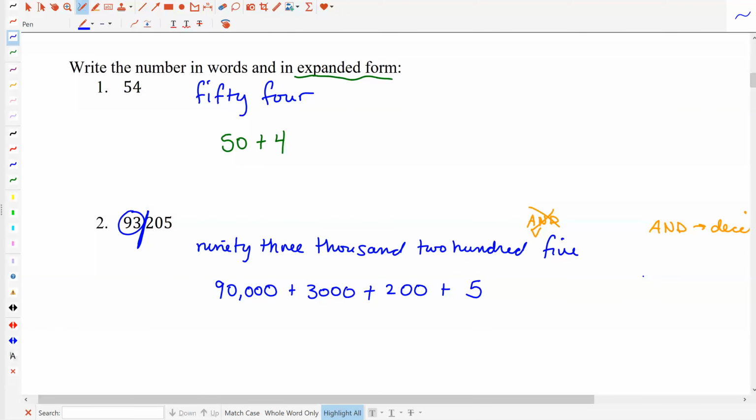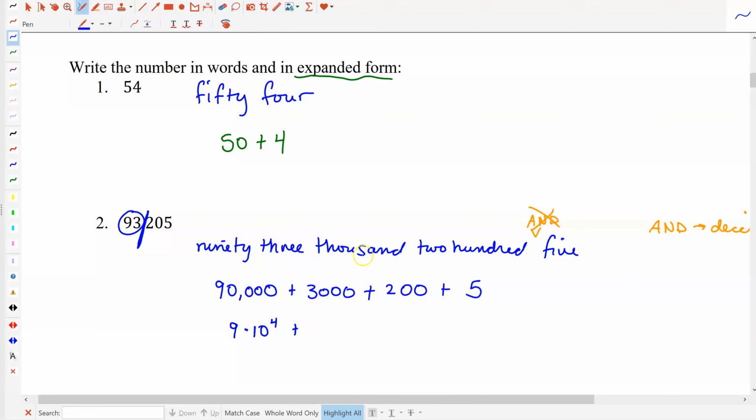Sometimes, for the expanded form, really to stress the power of 10, we can actually write these with the powers of 10 behind them. I'll just show you one just so you can see it. So this 90,000, because that 9 is in the 10,000 spot, we could write this as 9 times 10 to the 4th power, right? So this is 9 followed by 4 zeros.